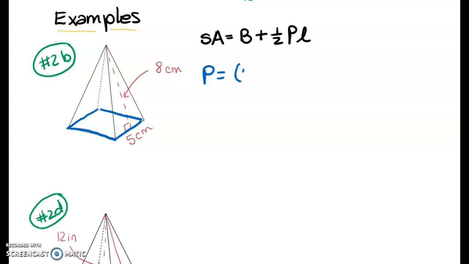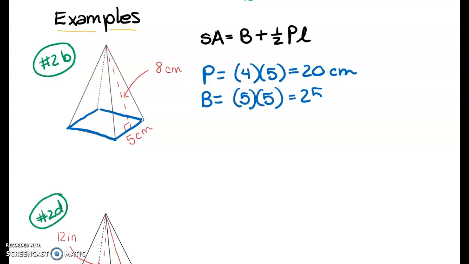Well, I know I have 4 sides, and each side is 5 centimeters long, so that's 20 centimeters. The area of the base is side squared, or length times width, or height times base, however you want to think about it. So that is 5 times 5, which is 25 centimeters squared. And then the slant height, we were given the slant height, that is 8 centimeters.